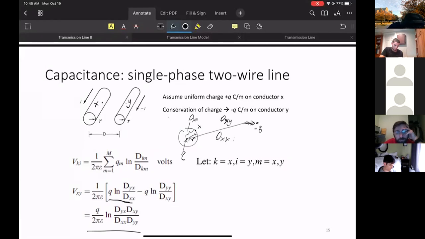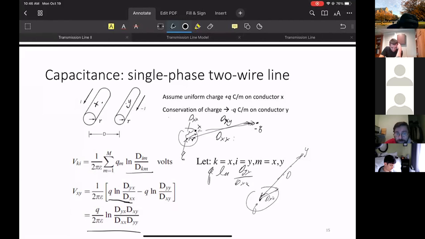When I'm looking at the potential on x, I'm impacted by 2 charges. I want the potential from x to y, so there are 2 distances. One is the distance from dxx, and the other is when I'm looking at something far away, this y here.